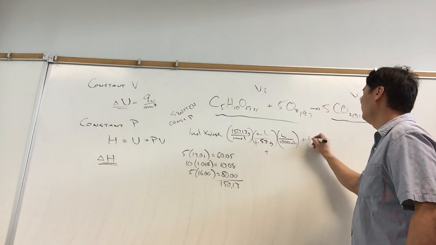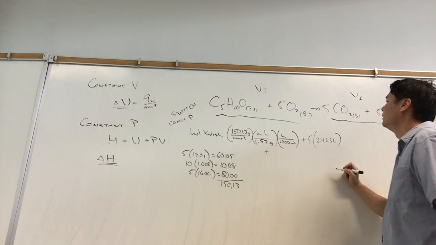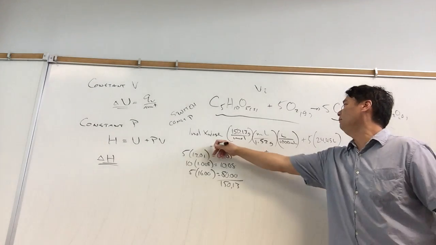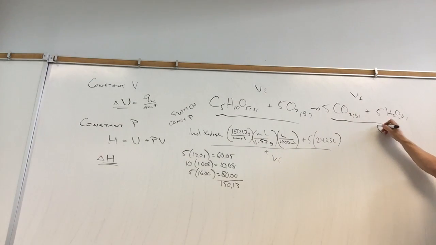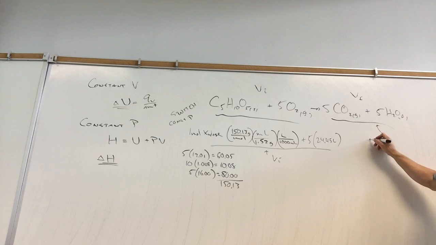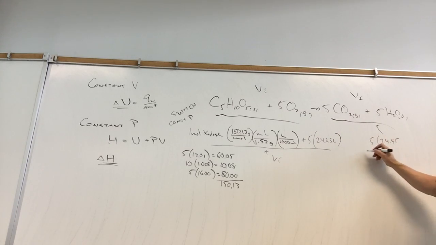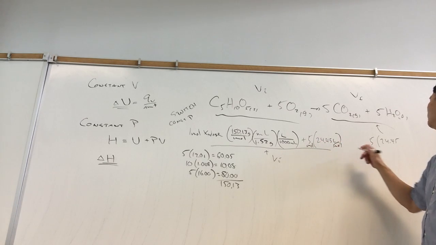This is going to be 5 times 24.45 liters of volume, and that's going to be V initial. And then over here, we have 5 moles of CO2, so that's going to be 5 times 24.45 liters per mole. I'm running out of room, so I'll just skip the mole part.